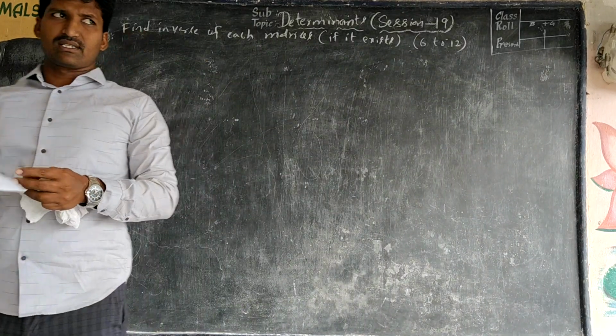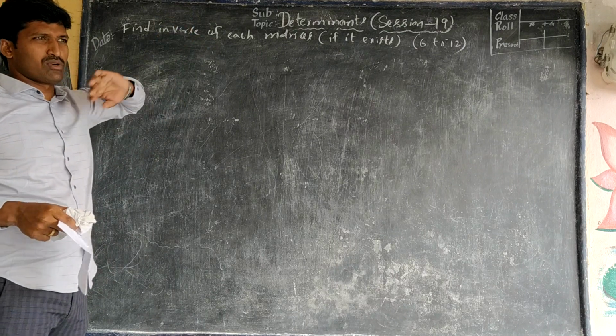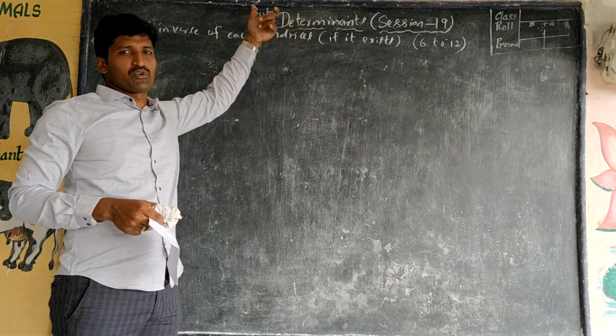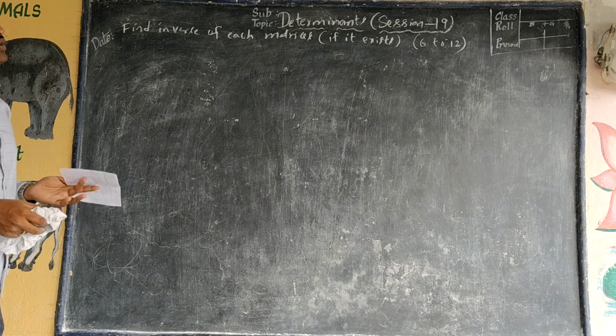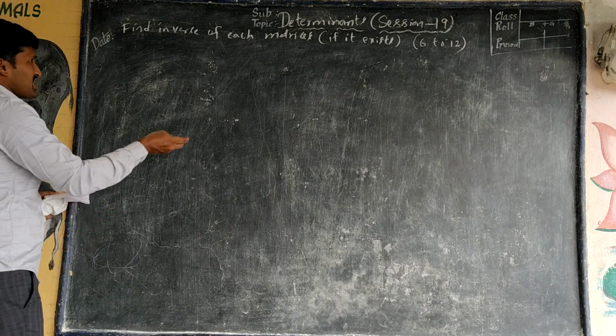From 6 onwards, one number will be extra as per the textbook, I gave one question extra in the previous session. For questions 6 to 12 we need to find the inverse of the matrix if it exists.